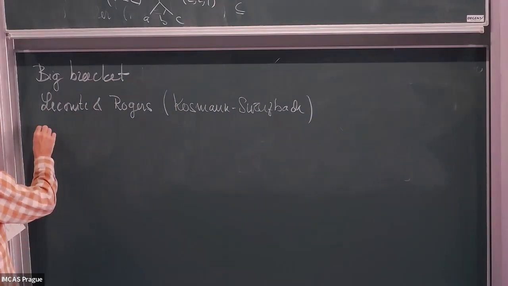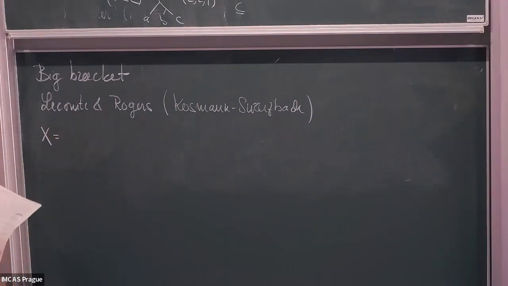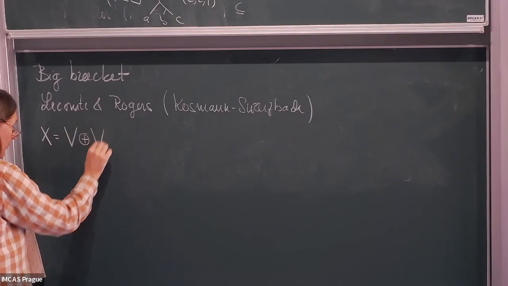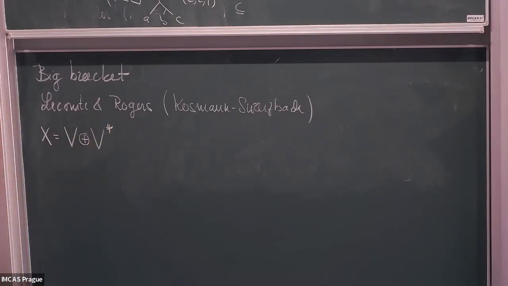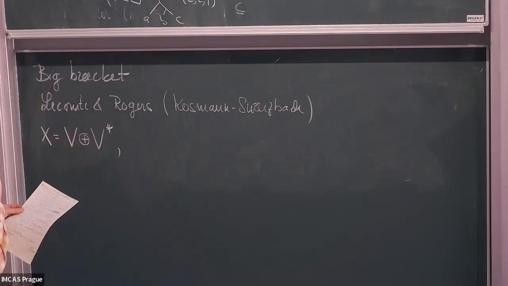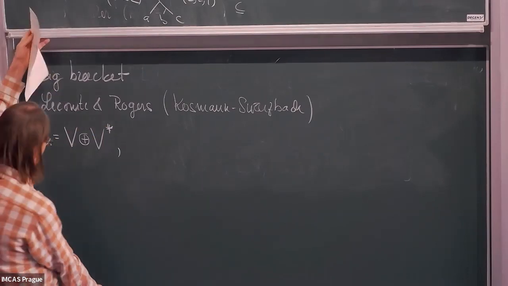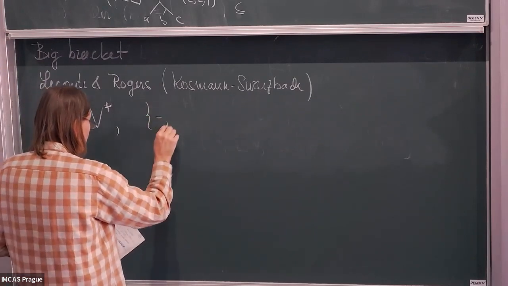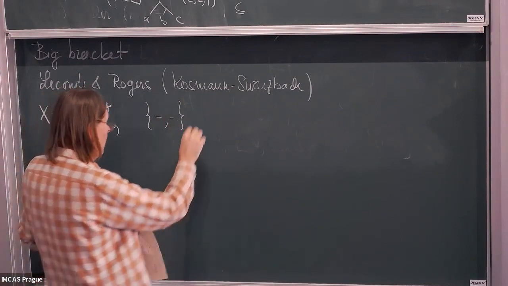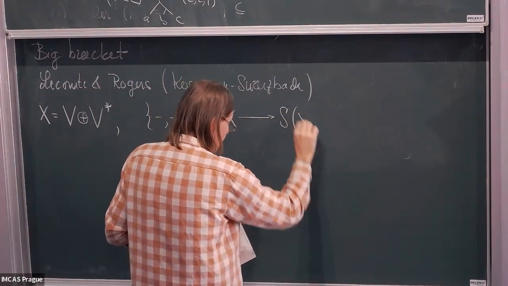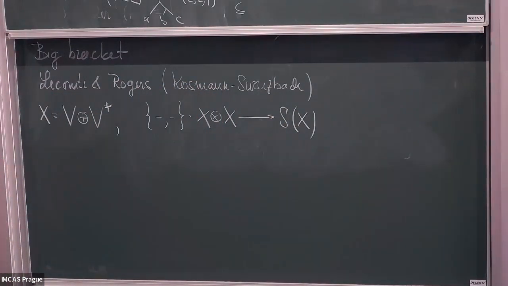So the simplified version without signs is that I take X to be some graded vector space V plus its dual. And then I definitely have a natural bilinear operation from X times X into the symmetric algebra. I recall that SX denotes the free algebra.